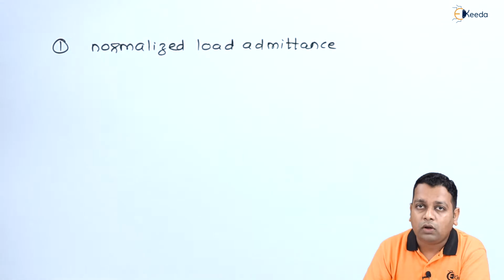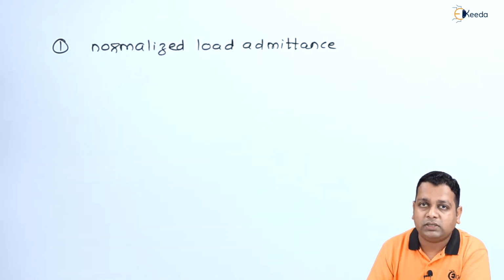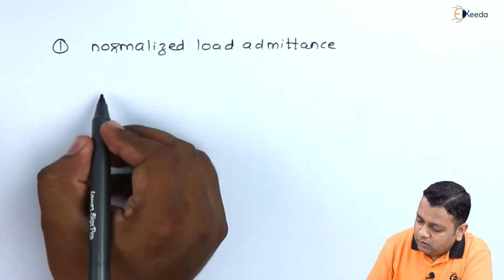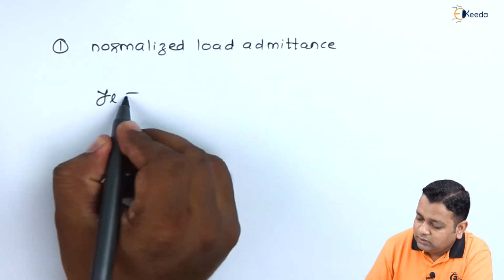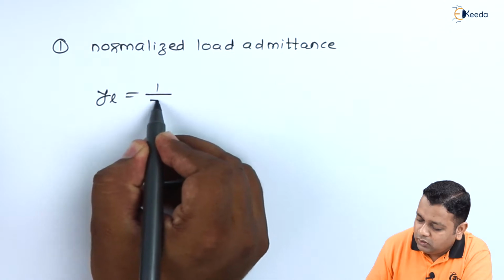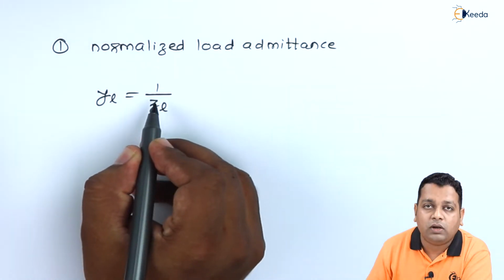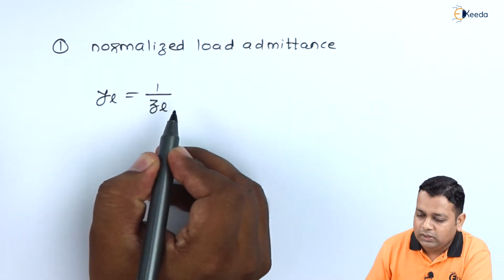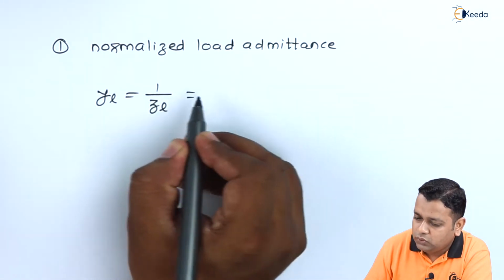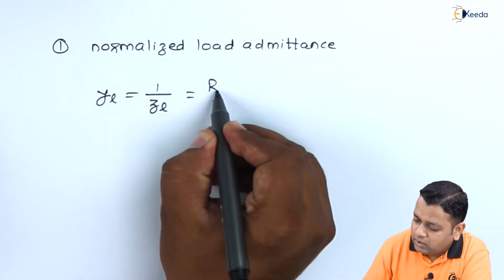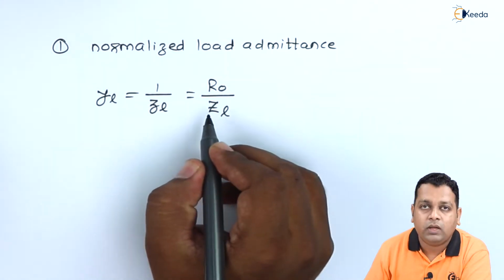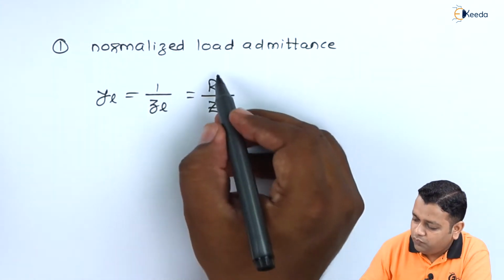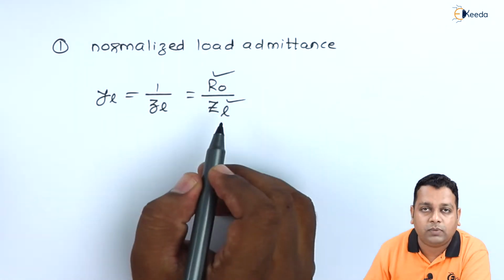Now the normalized load admittance can be represented as small y suffix l, and it is obtained as the inverse of the normalized load impedance small z suffix l. So it can be the ratio of capital R suffix 0 divided by capital Z suffix L. Now these values are with us as per the problem statement.